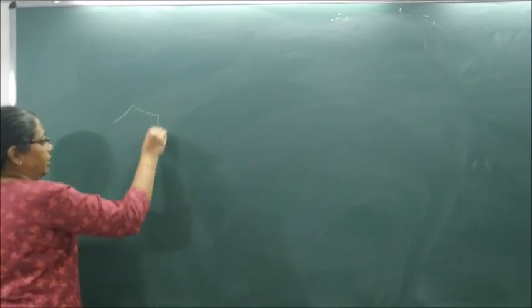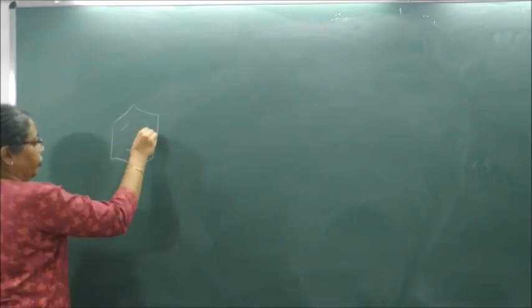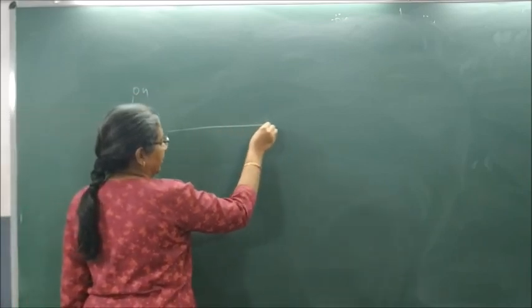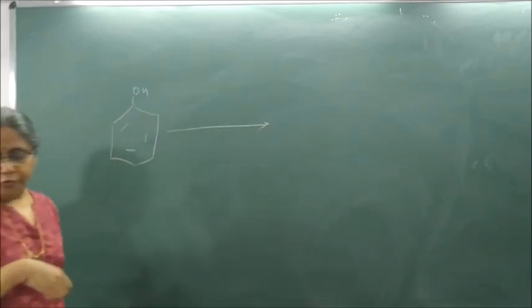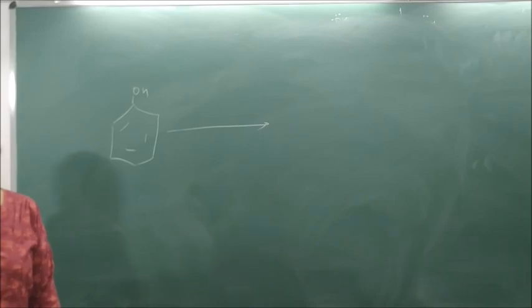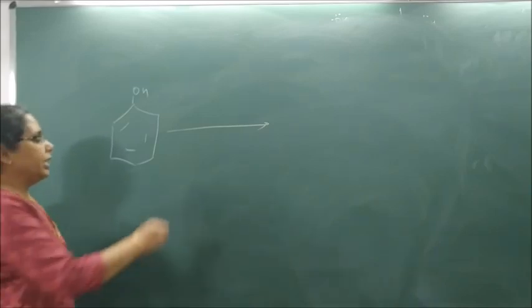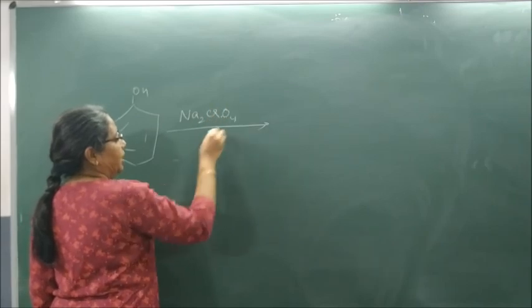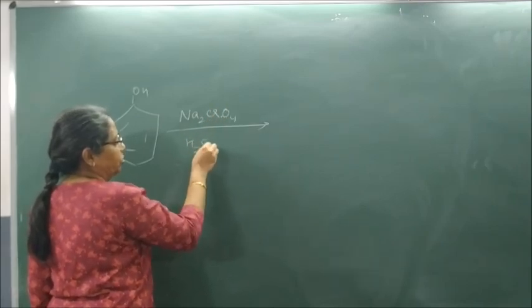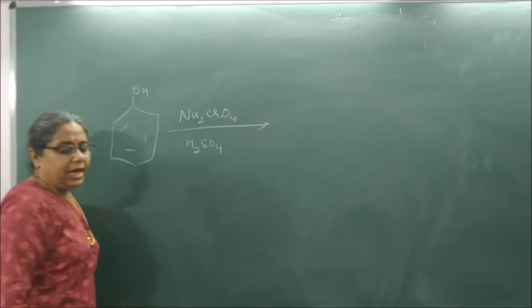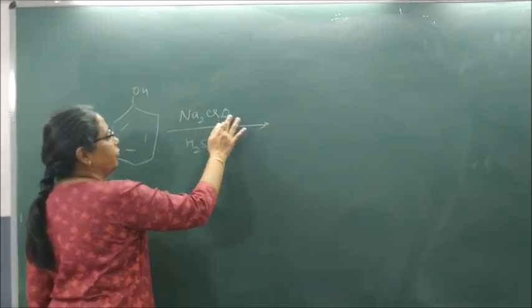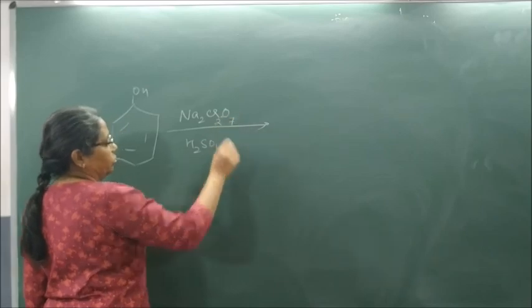See, this is my phenol, C6H5OH, in presence of chromic acid. H2CrO4 is the formula of chromic acid. But how do we write it? We write it as Na2CrO4 plus what? H2SO4. You can even use Na2CrO4 or better use Na2Cr2O7.